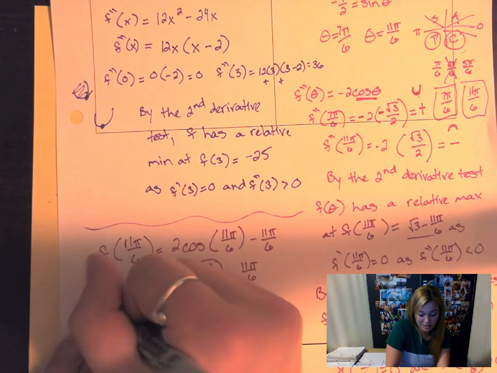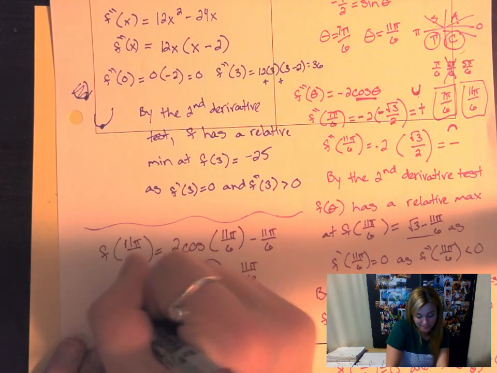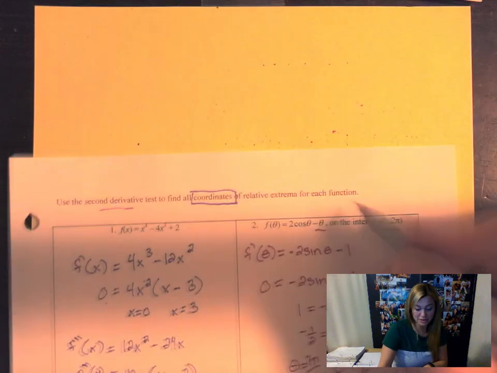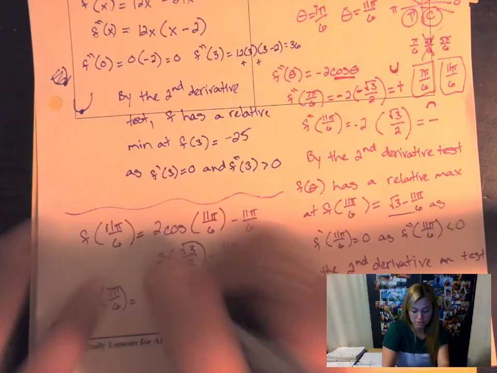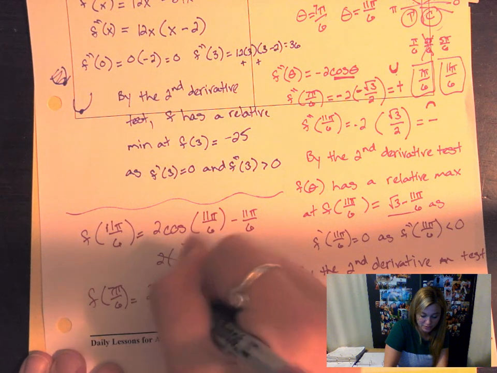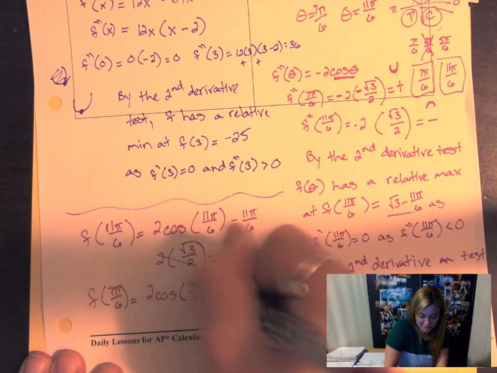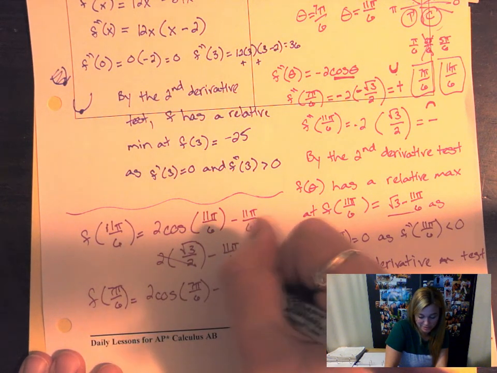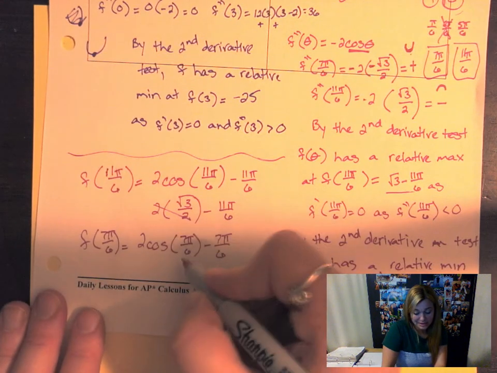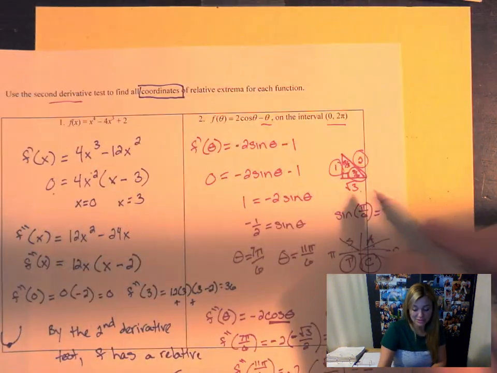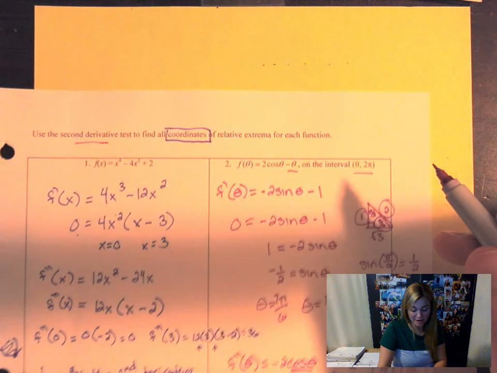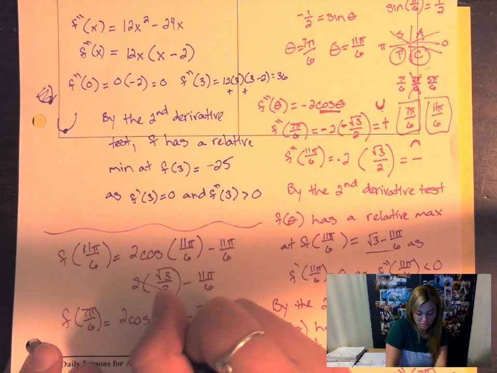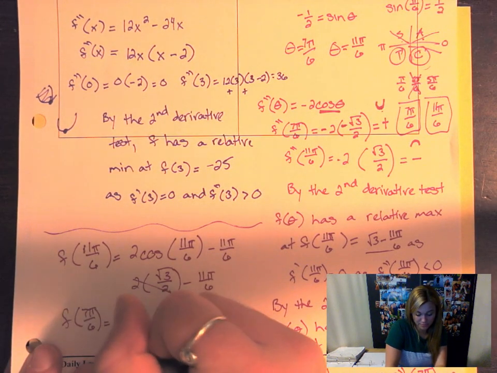If I do the same thing with f of 7 pi over 6, I'm going back to the original function, 2 cosine of 7 pi over 6 minus 7 pi over 6. For 7 pi over 6, we just said that this is still going to be the square root of 3 over 2 because pi over 6 is my reference angle.